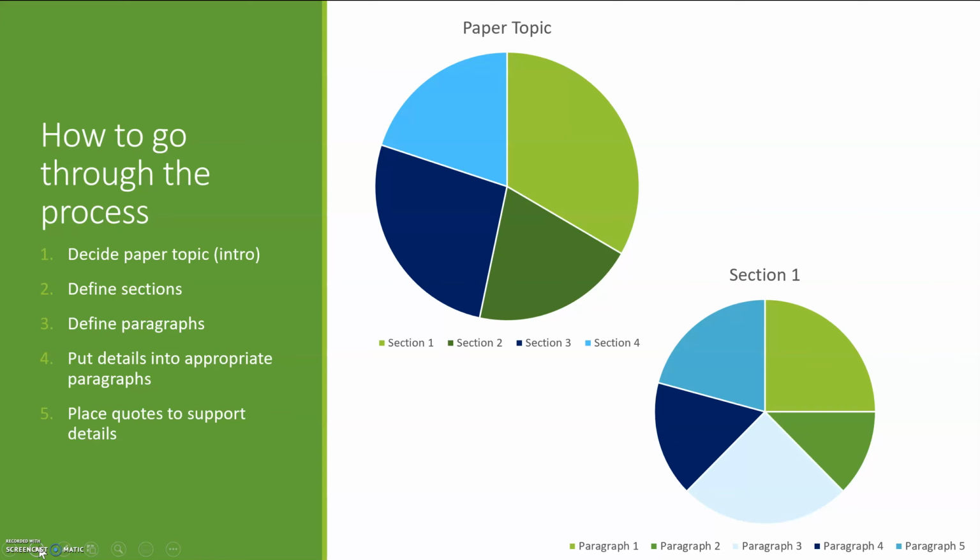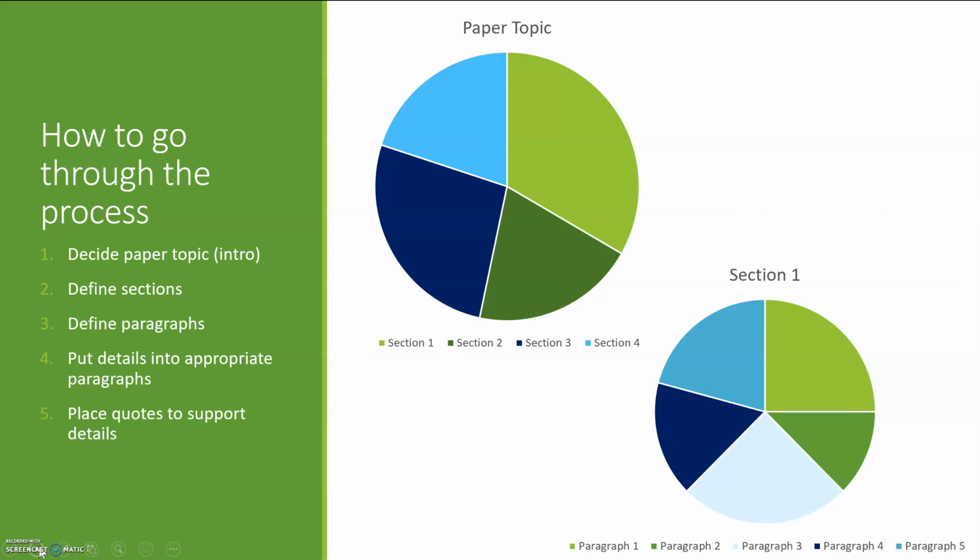So I have my overall topic, climate change solutions. I've discovered 4 different solutions I want to go into. Those are my sections. And so I've broken those ideas down so I have a clear distribution. And you can see here, your sections don't always have to be equal. You might have a lot more information on one than you do another. That's not a problem.